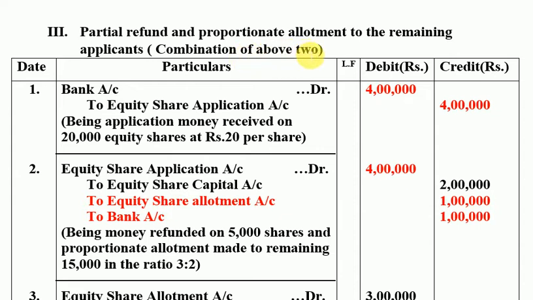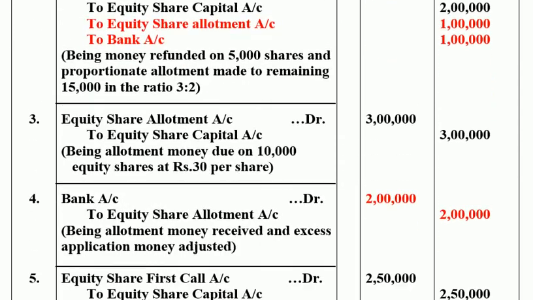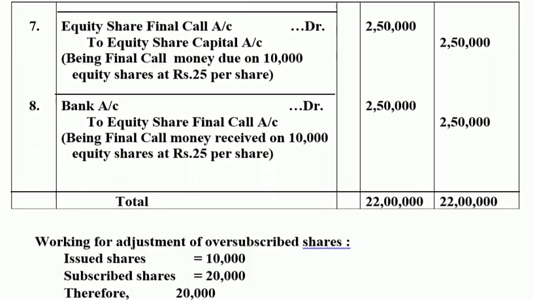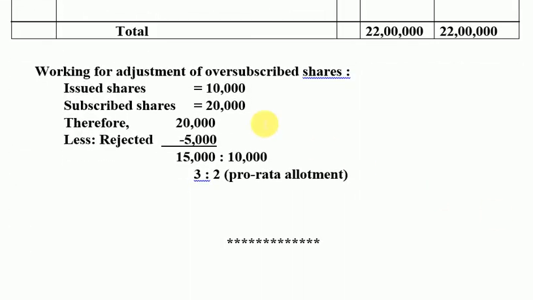Now before we discuss the entries, we will look into a small working note, and it goes as follows. I have again kept a small calculation where we all know that according to the question issued shares was 10,000, subscribed shares by the public is 20,000.